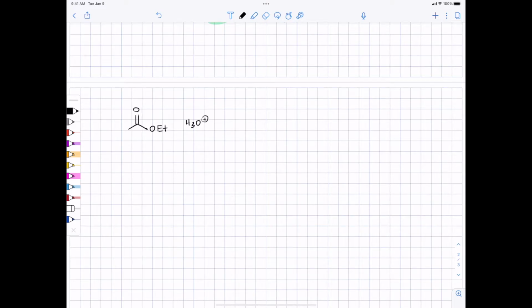So we've got this equilibrium step, which is protonation of the ester.